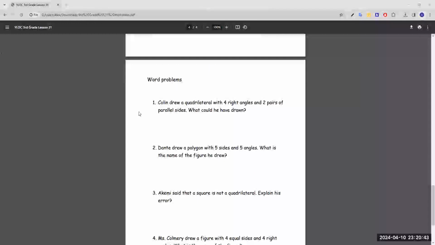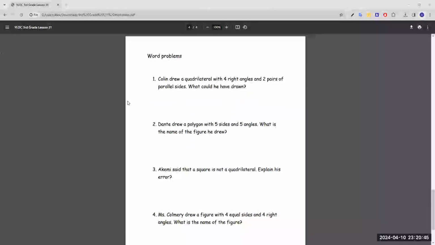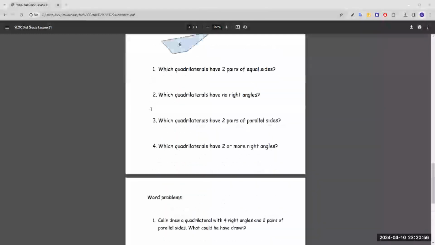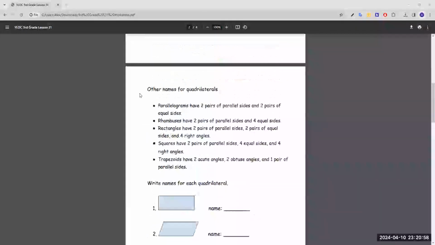Now, moving on to word problems. Colin drew a quadrilateral with four right angles and two pairs of parallel sides. What could he have drawn? Okay, so let's look at our descriptions of the quadrilaterals above. So it's four right angles and two pairs of parallel sides. Four right angles, we can see that there's four right angles here, but it needs to have two pairs of parallel sides.